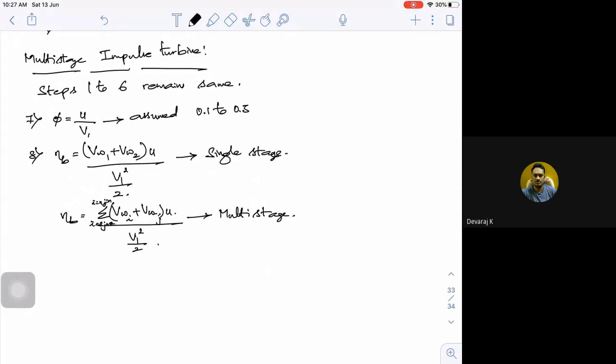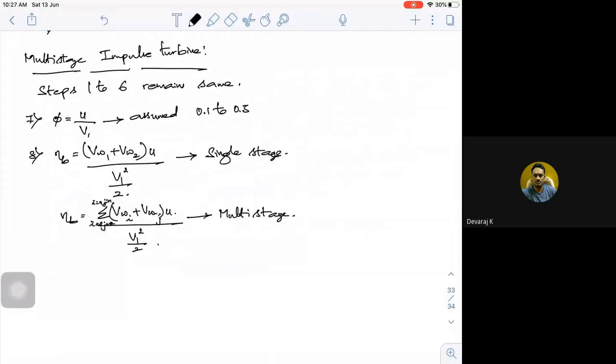Once I have this blade efficiency, I can calculate the internal efficiency, which is the same formula. That is, internal efficiency equals blade efficiency minus your losses, losses corresponding to your kinetic energy.